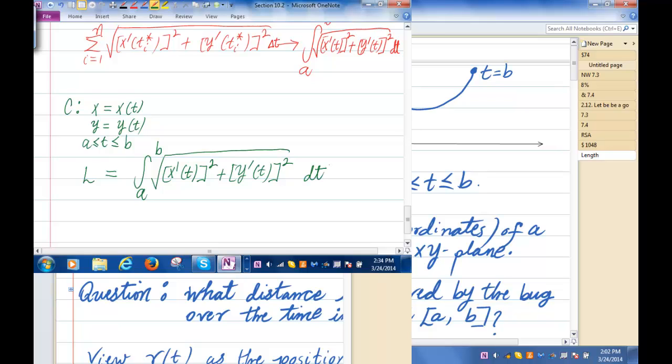So that's the formula for the length. Everybody is doing okay.